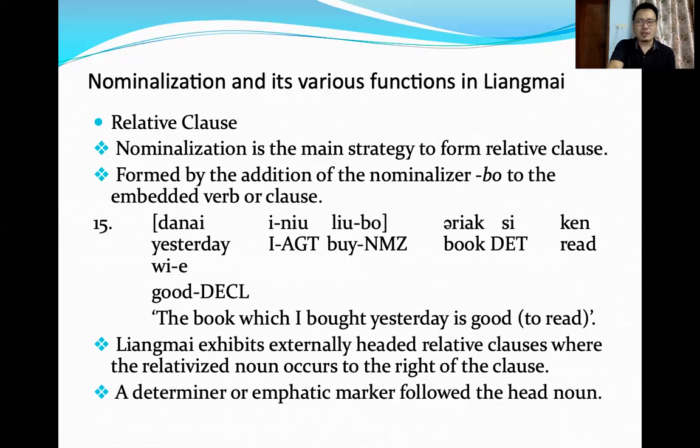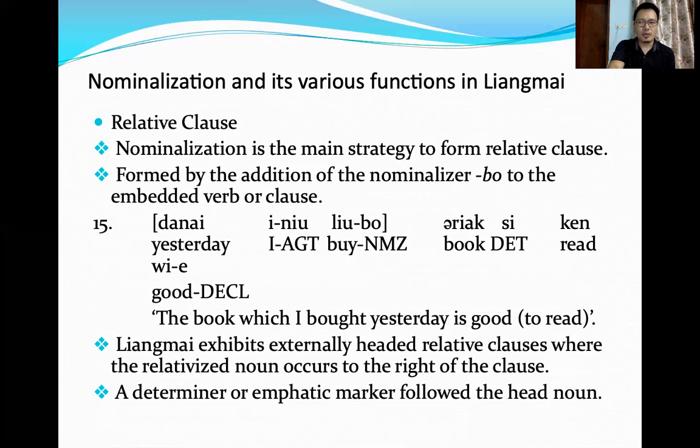Nominalization is the main strategy to form relative clauses, formed by the addition of the nominalizer bo to the embedded verb or clause. We have an example like Danai Inu, Liu Bo, Ariaksi, Kianwiye.